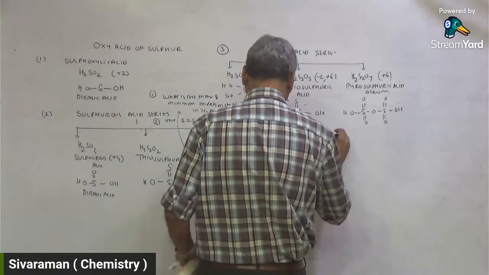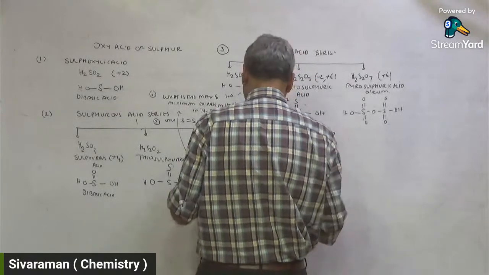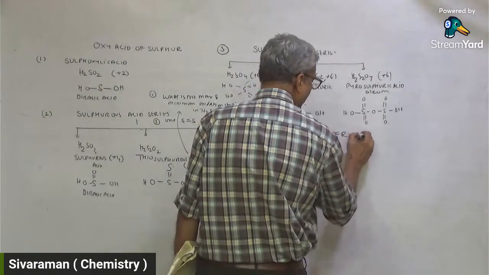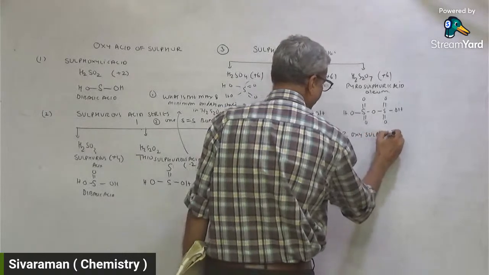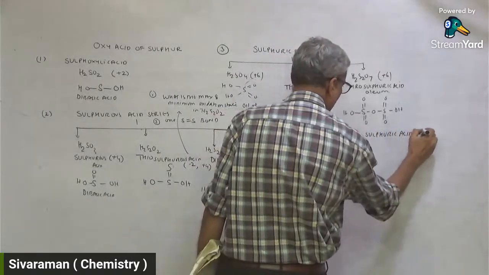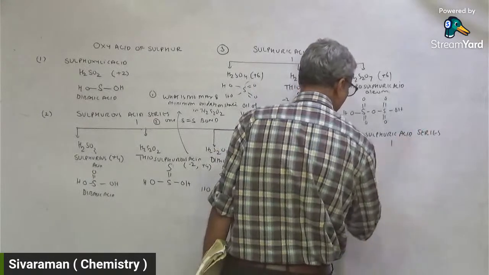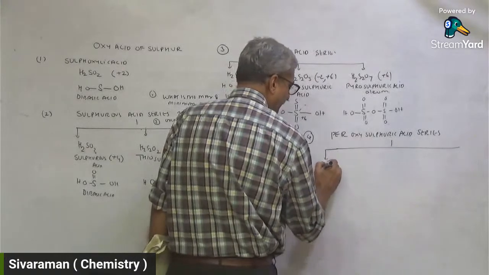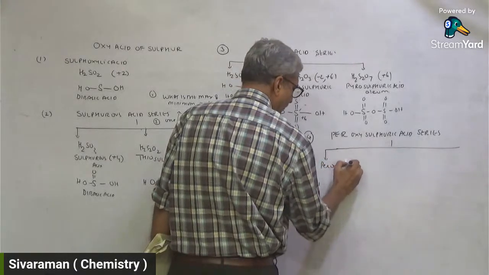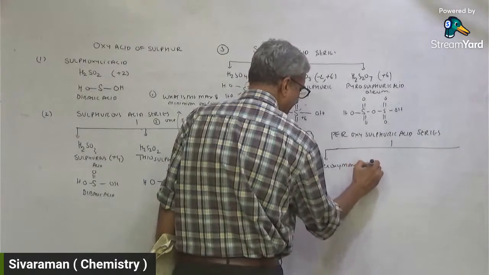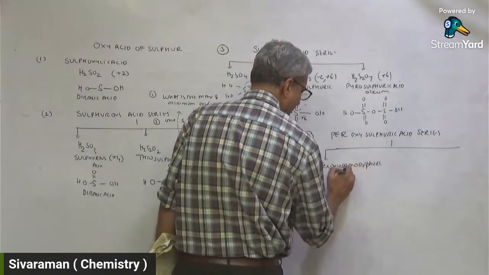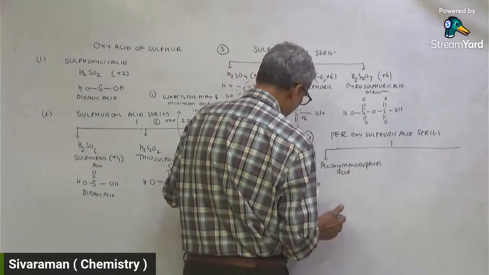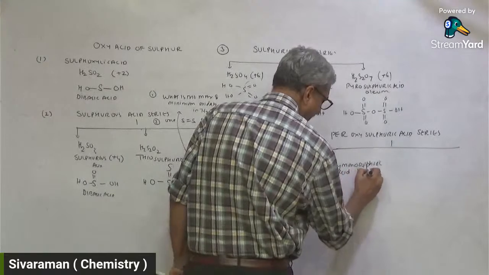So we have the fourth, and we have two. This is called the peroxysulfuric acid series. You have two of them. Which are the two? Peroxy monosulfuric acid. Peroxy monosulfuric acid is H2SO5.